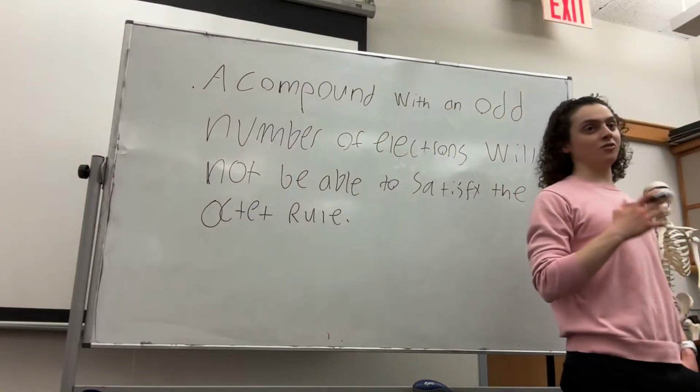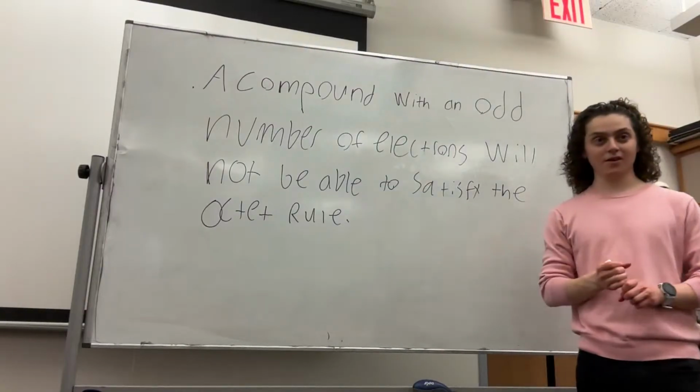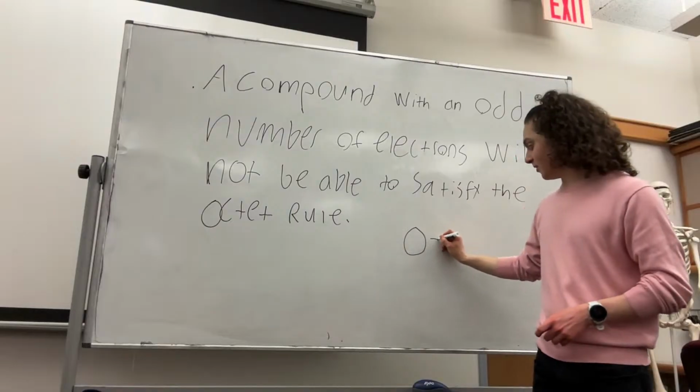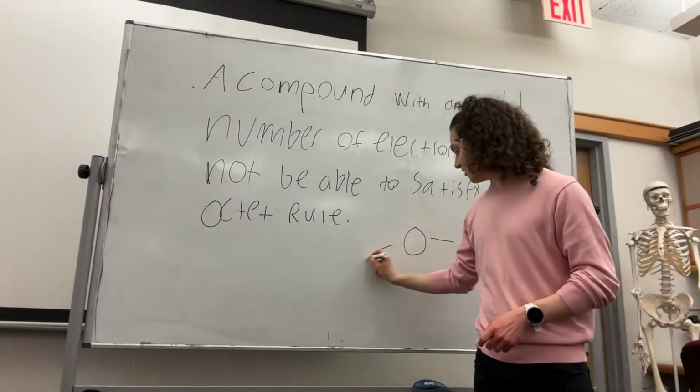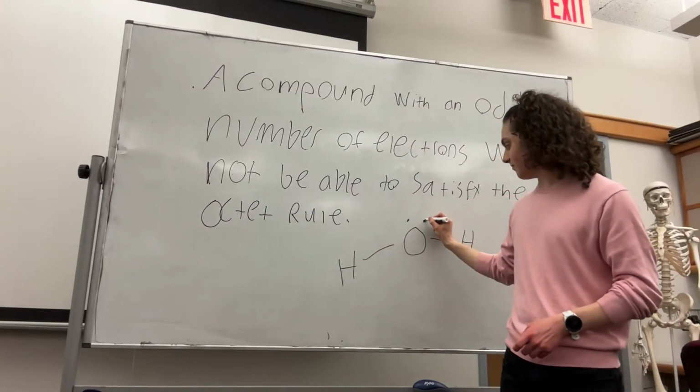Because electrons can only be in one of 2 places when it comes to any compound. It can either be in a bond, or it can be in a lone pair.